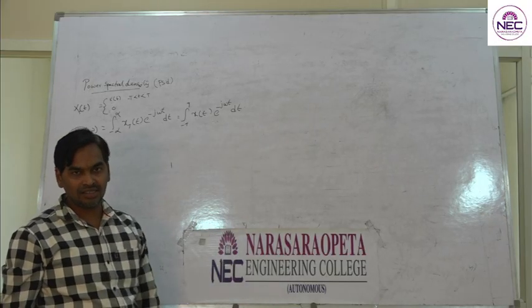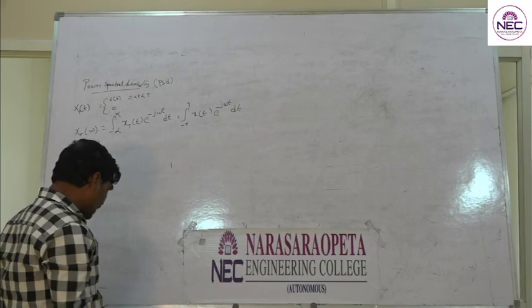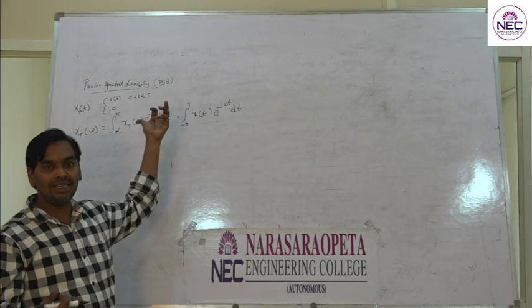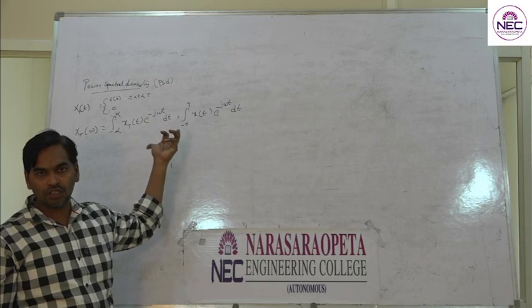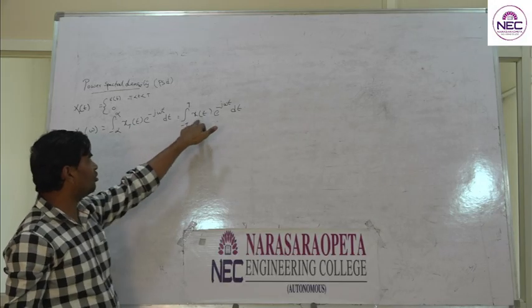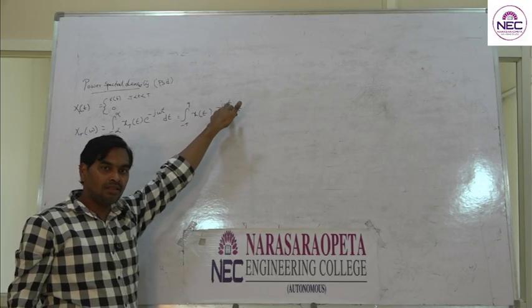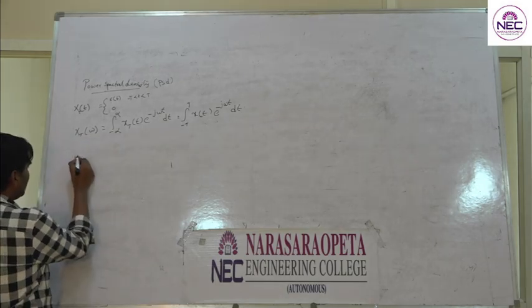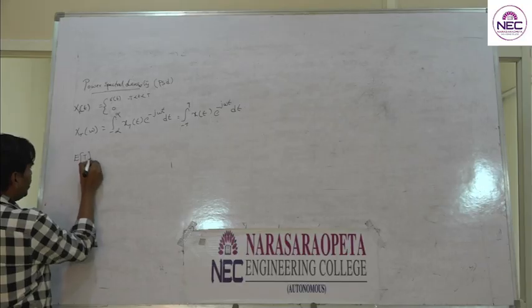In order to find the average power, first we need to find the energy signal. If a signal is squared, then we get an energy signal. So instead of x of t, we take x square of t for the energy signal, represented as E of t.